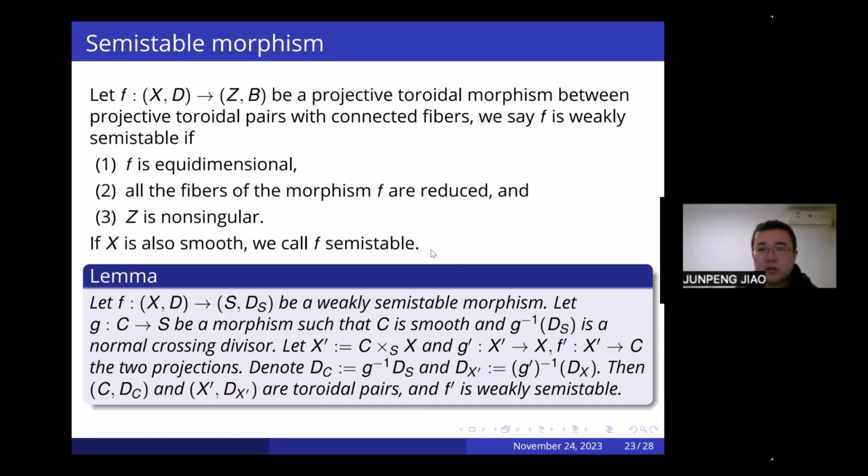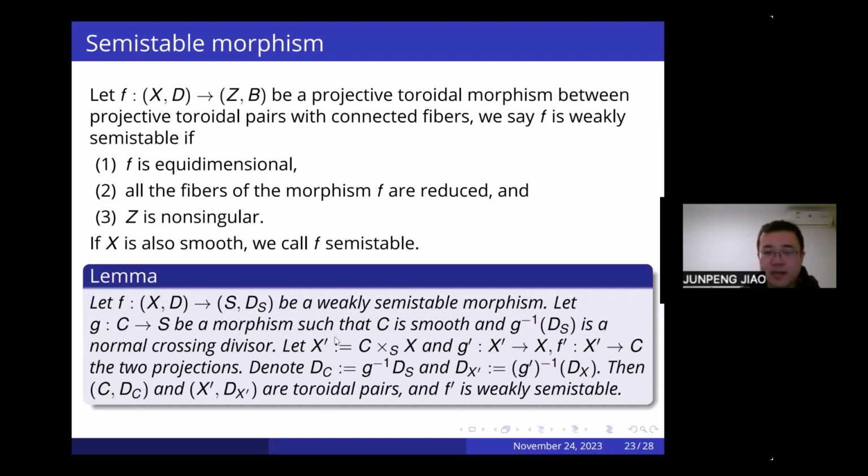Given a toroidal morphism between projective toroidal pairs with connected fibers, we say f is weakly semi-stable if f is equidimensional, all the fibers of the morphism are reduced, and the base is non-singular. This is weakly semi-stable. And if X is also smooth, we call f semi-stable.